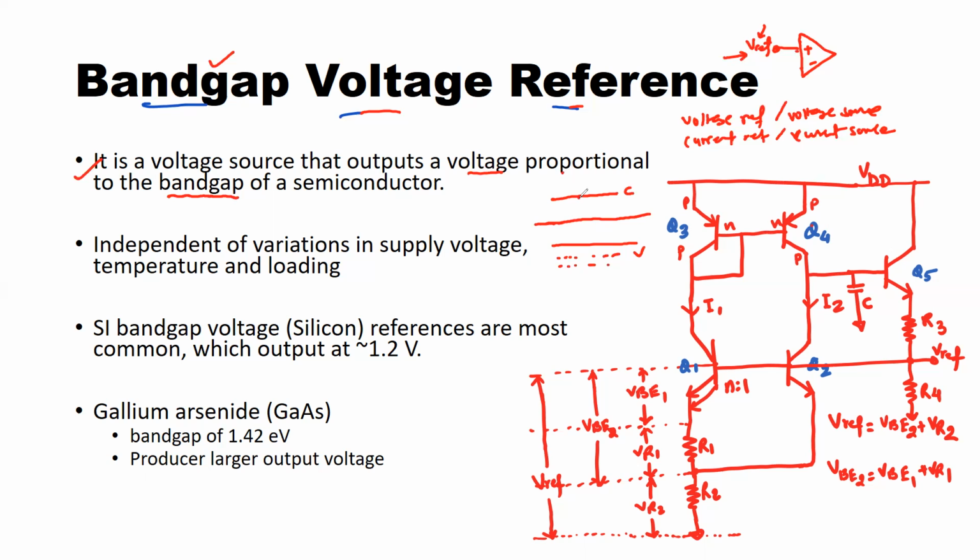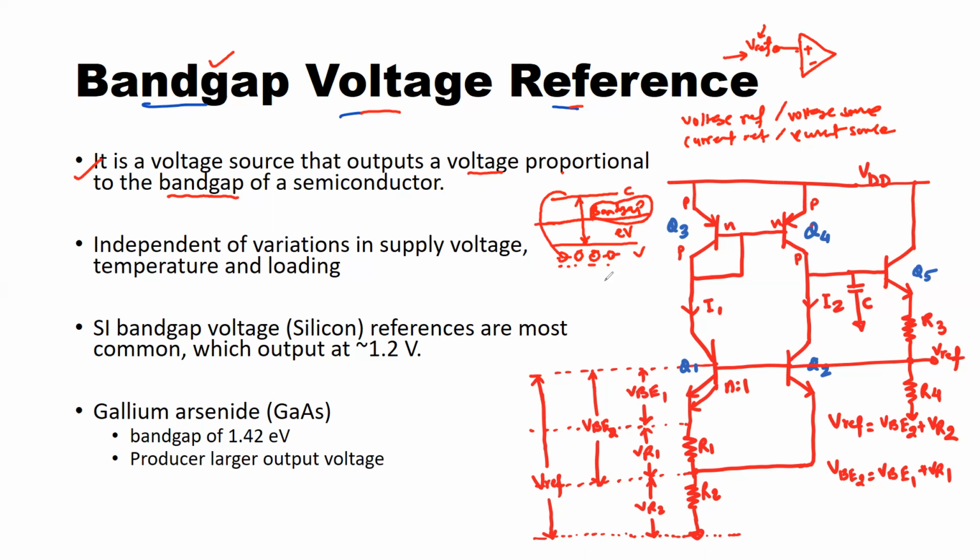The distance between the conduction band and the valence band is called the band gap. For electrons to be free, when they want to jump from the valence band to the conduction band, they need to overcome this energy given in electron volts. So that's called the band gap energy.